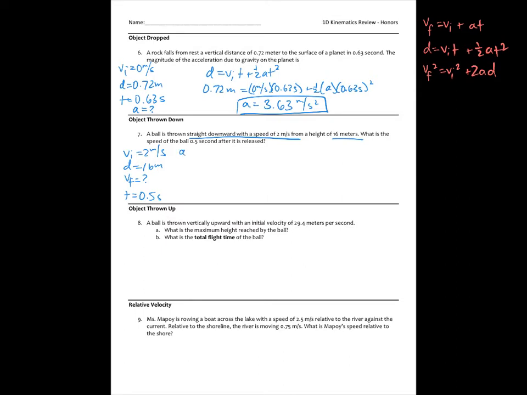We need the acceleration. And what is it? 9.81 meters per second squared, because now we're back on Earth. If they specifically say a different planet, then we can't assume it's 9.81. If any other problem, we can assume 9.81 because we're assuming we're still on Earth. All right. We got Vi, we got t, we got a, and we're looking for Vf.